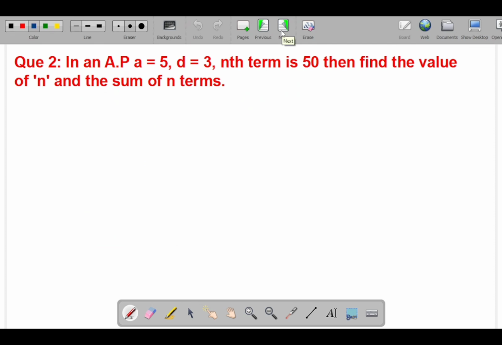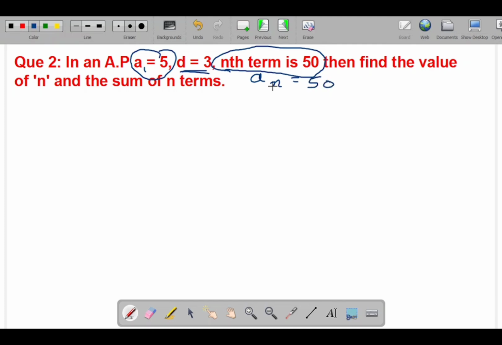The next question is that your first term is given, a1 equals 5, d is 3, and the nth term is given as 50, which means an is 50.